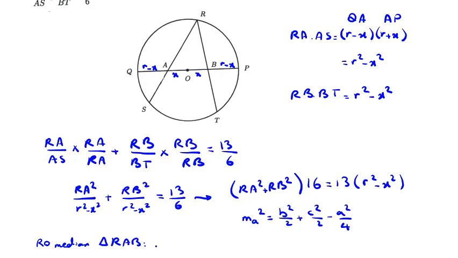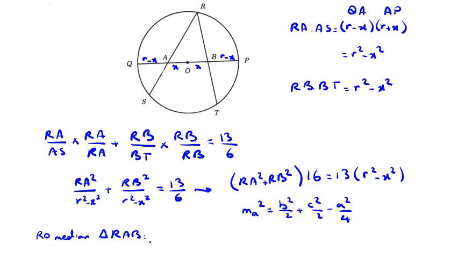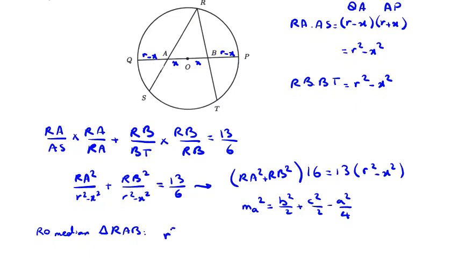So we can say, okay, median RO. r squared equals RB squared over 2 plus RA squared over 2 minus AB squared over 4, which is 2x squared over 4, which equals x squared.